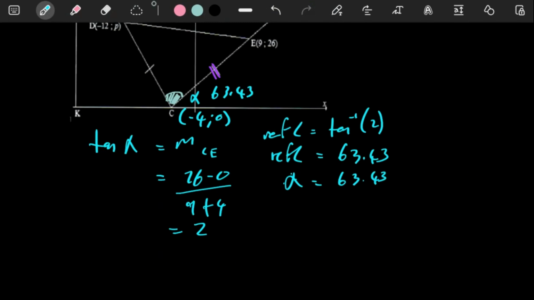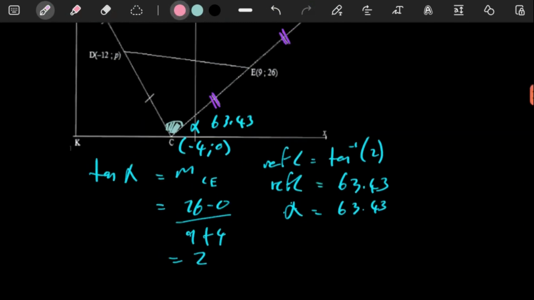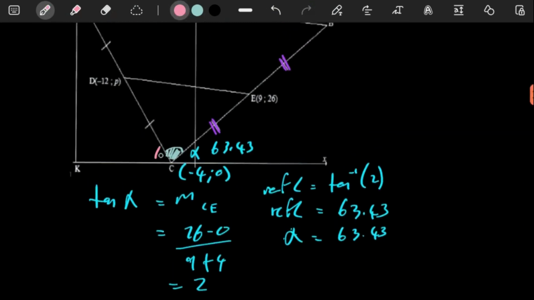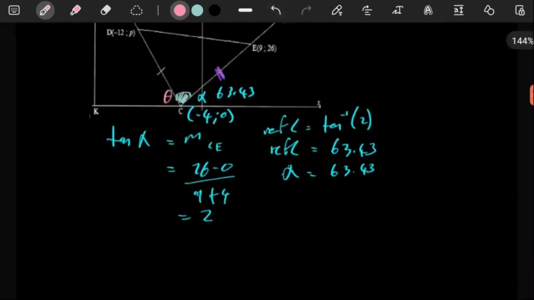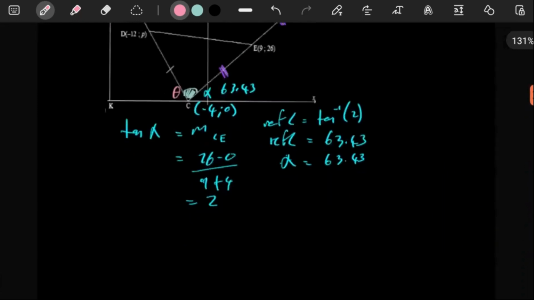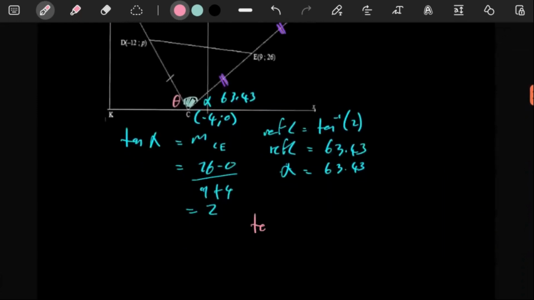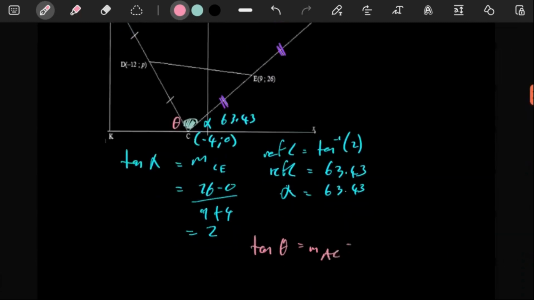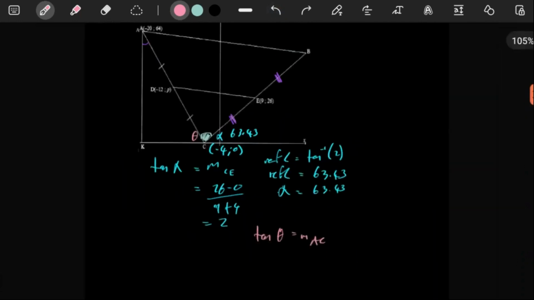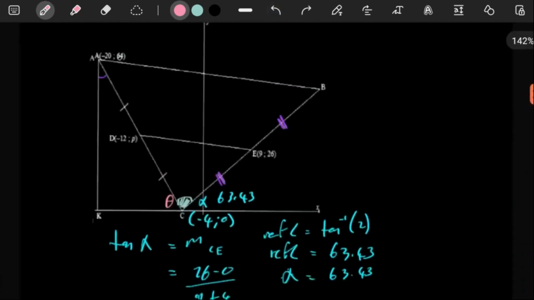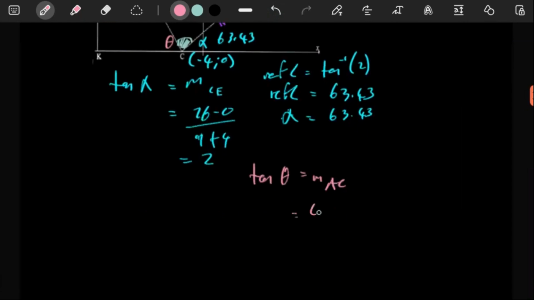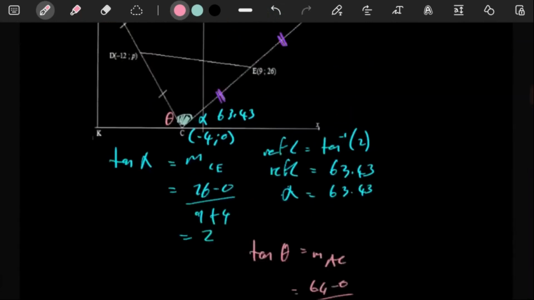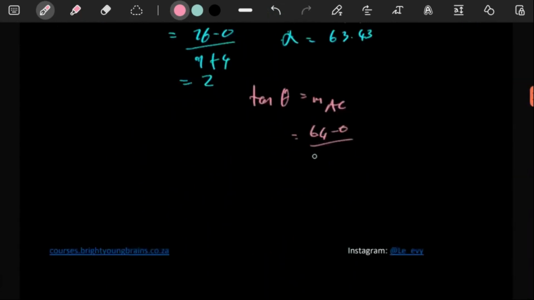63.43. I do feel like this is along the right lines, to be honest, but you gotta do what you gotta do. And then we need to get this tiny angle over here, right? We can also do that using our angle of inclination formula. So tan theta is equal to m, the gradient of AC. Let's see what it is: 64 minus 0, and then -20 minus 4.